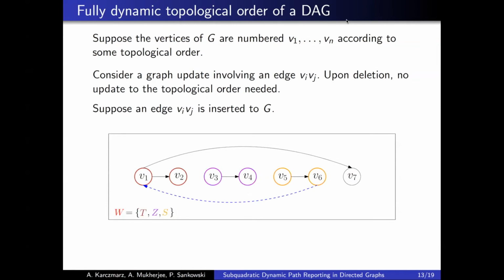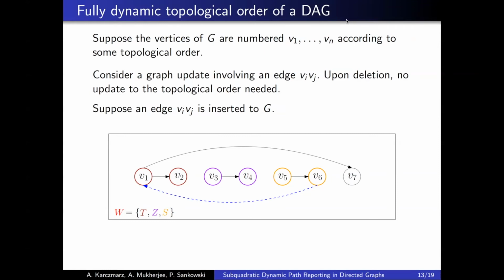Now we partition this set of vertices into three sets, S, T, and Z, where S is the set of vertices that can reach V6, including V6, before the insertion, and T is the set of vertices reachable from V1, including V1, before the insertion. And let Z be the remaining set of vertices, V3 and V4.